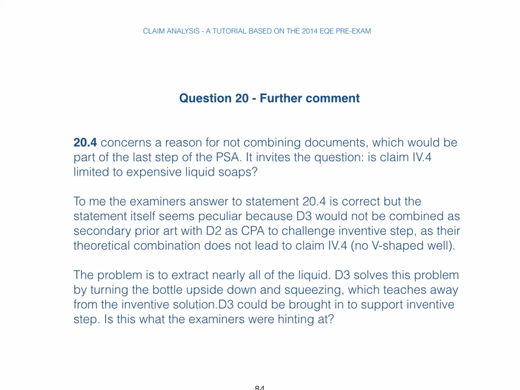The problem is to extract nearly all of the liquid. D3 solves this problem by turning the bottle upside down and squeezing, which teaches away from the inventive solution. D3 could be brought in to support inventive step, and I suppose this is what the examiners were hinting at.